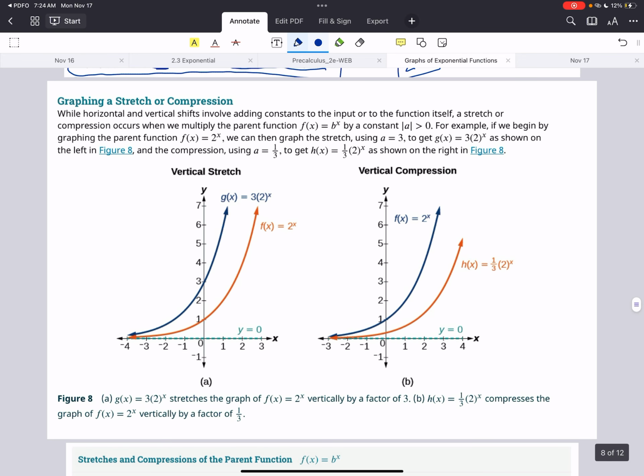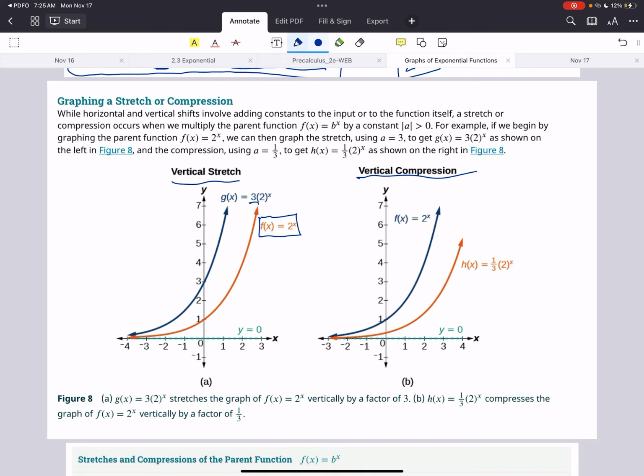Let's have a look at vertical stretch and vertical compression. For a function to stretch vertically means we're multiplying the function by a value that is greater than 1, and it's going to be an absolute value as well.